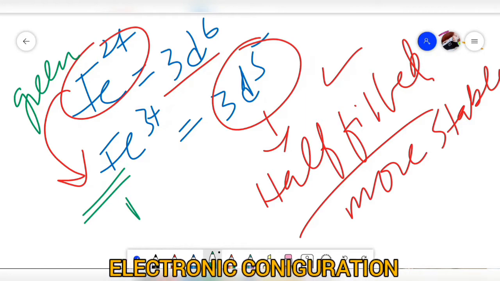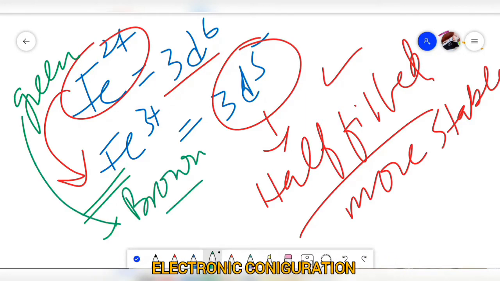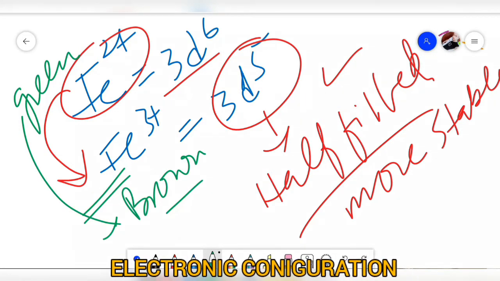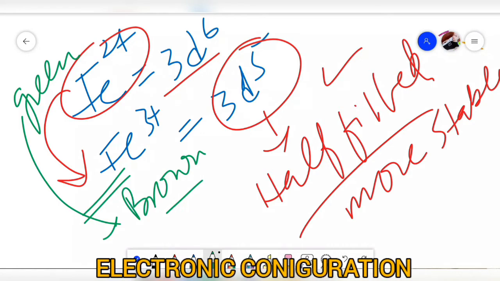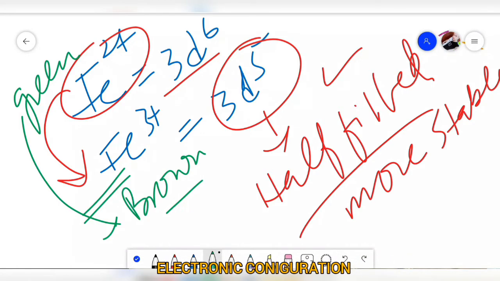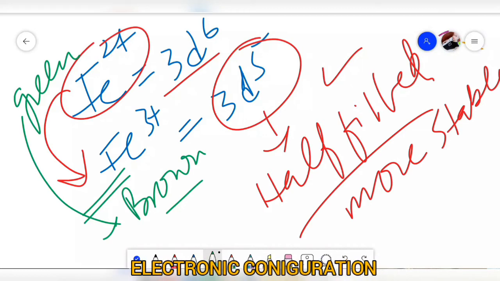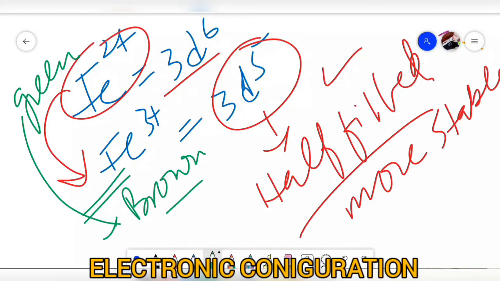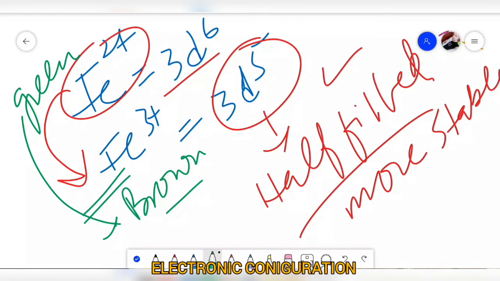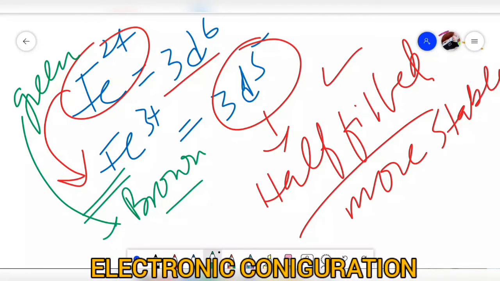So this will move from green to brown naturally. Now if someone is asking you why iron 2 plus solution is turning to iron 3 plus, the reason for that is because iron 3 plus is having more stable configuration than iron 2 plus. That's why it is moving towards iron 3 plus.